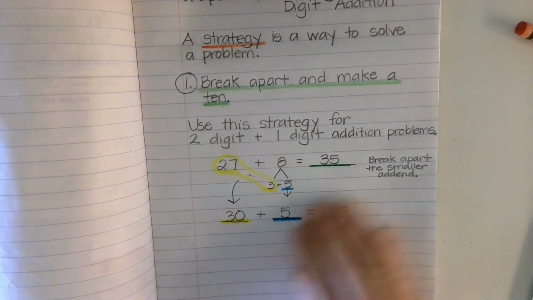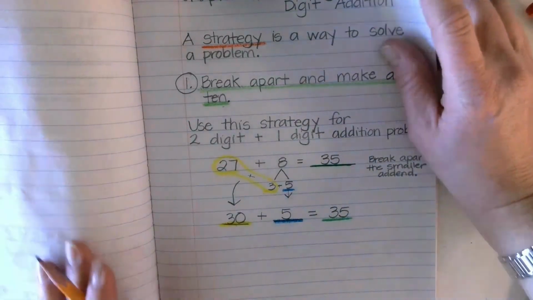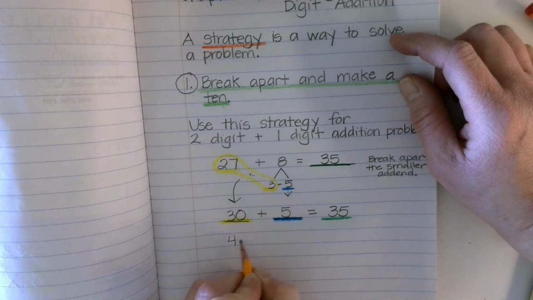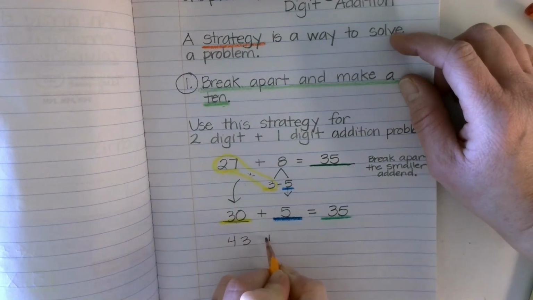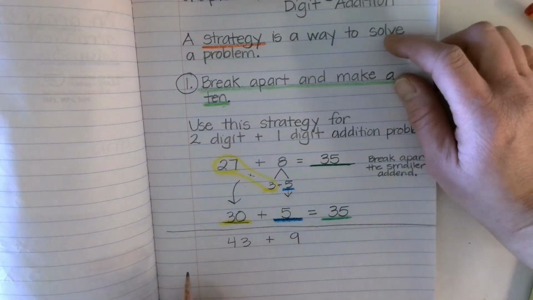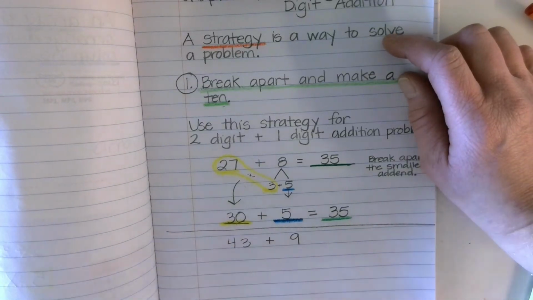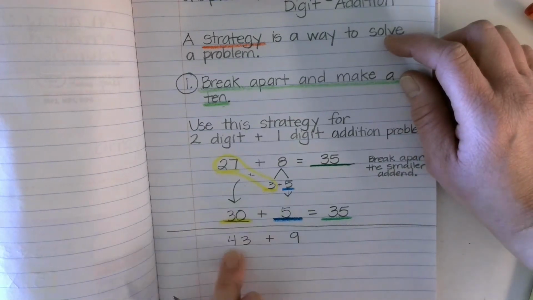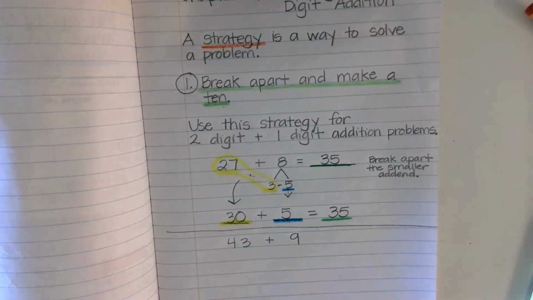Let's do one more. It's going to have to be really quick though. So we're going to skip a line. Let's do 43 plus 9. And you can draw a line here if you want to. Now 43, he really wants to be a 50. He's going to go up to his next 10. He's closer to 40.